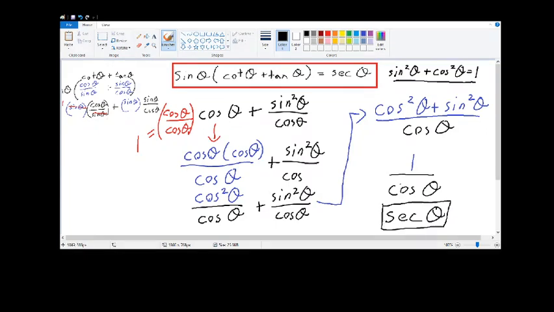Hopefully in this case it was a little bit conducive working through. Again, there are so many ways that you could start. Instead of starting on the left, you could start out on the right, making it an inverse, seeing if there's anything you could do from there. Starting off on the left, you could directly multiply the sine theta. It's all about the direction you want to take it.